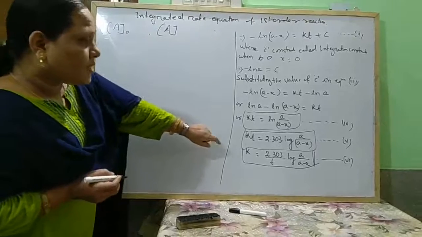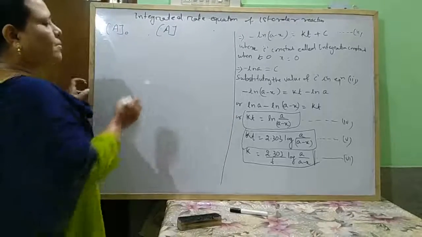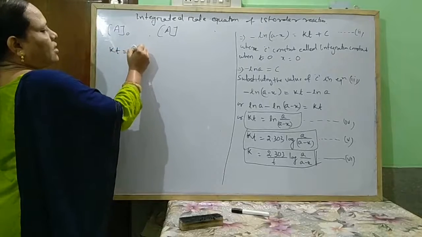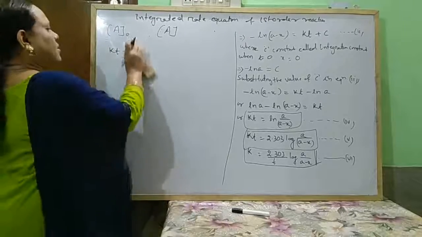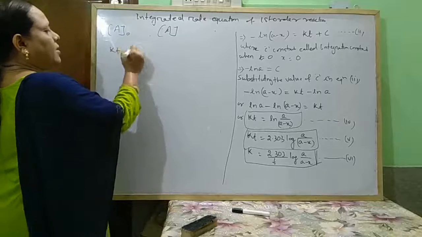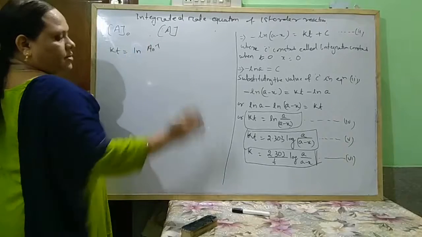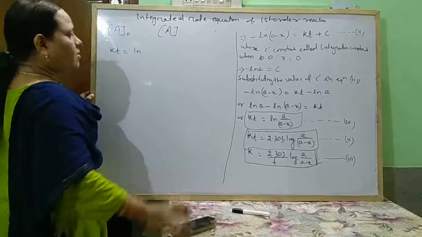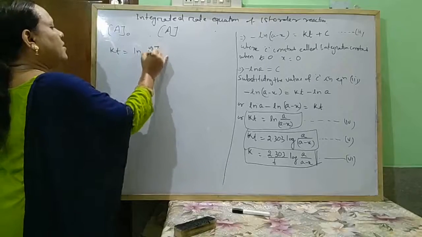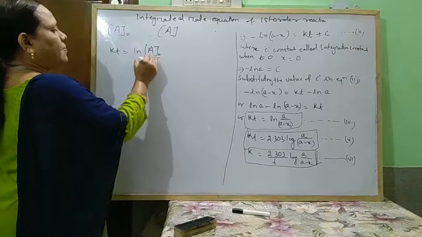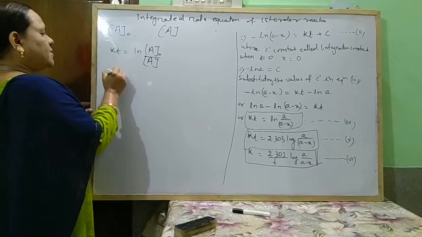Then this equation 4 can be written as kt equal to ln a naught by a.